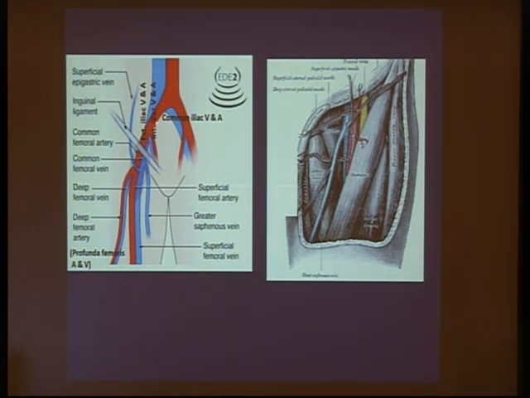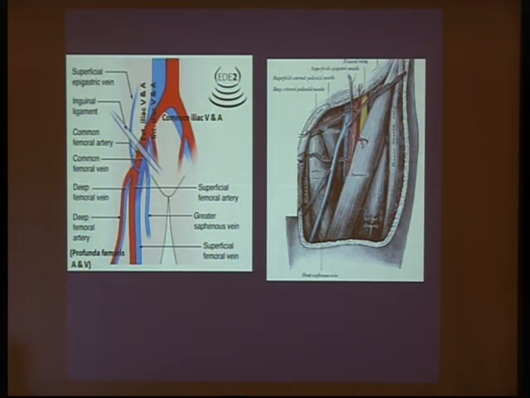We have external iliac vessels and internal iliac vessels. External iliac vessels will continue as femoral vessels.